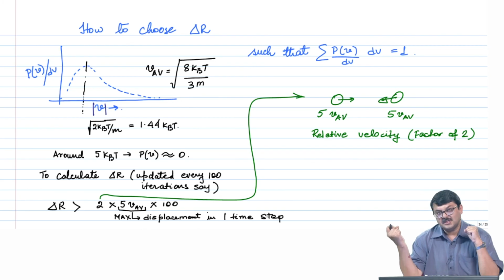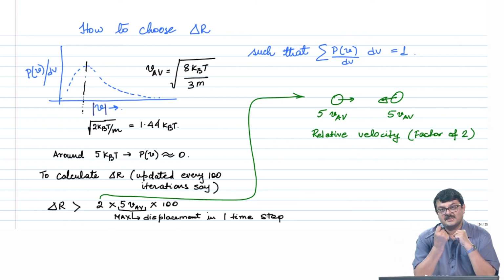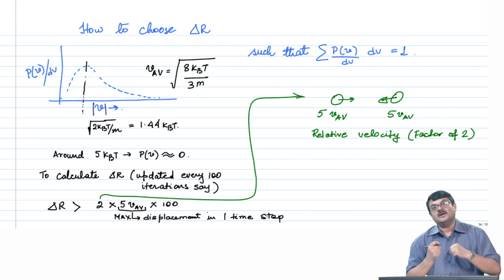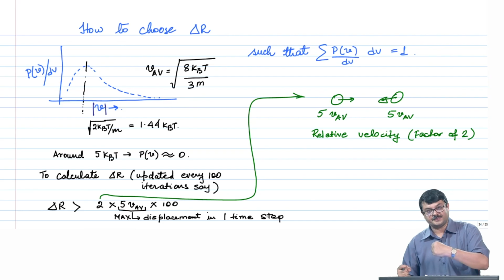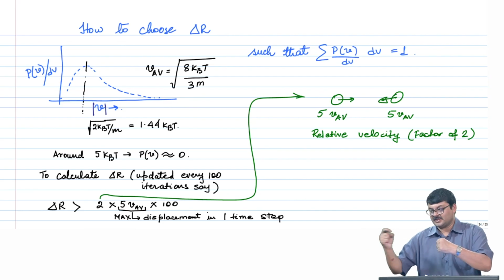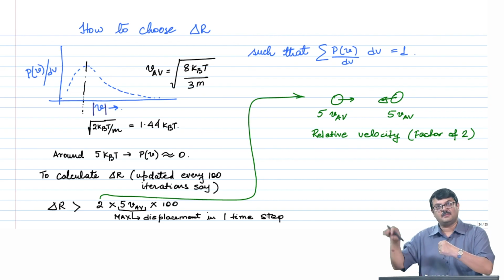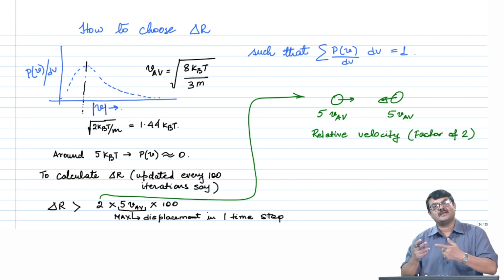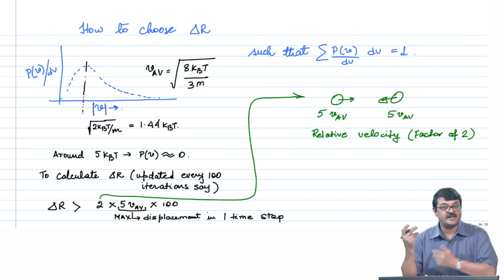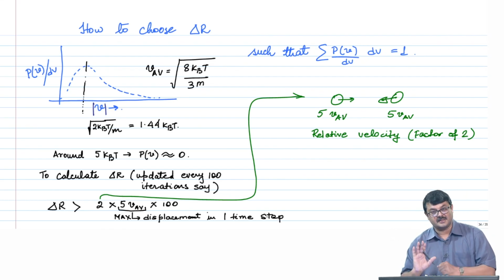If this particle is not in the neighbor list of particle I at time t equal to 0, then it should not come close in the next 100 iterations so that it starts interacting. Of course, if this moves here in 100 iterations and this moves here, then this particle will come within the neighbor list, then your distance calculation will be there, and if they are interacting by a certain force, that would be calculated.